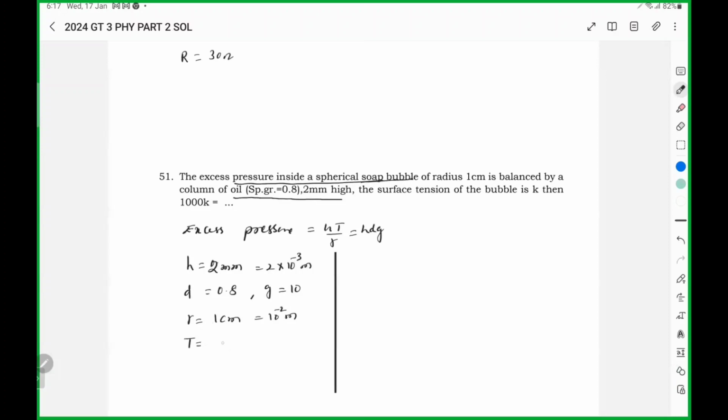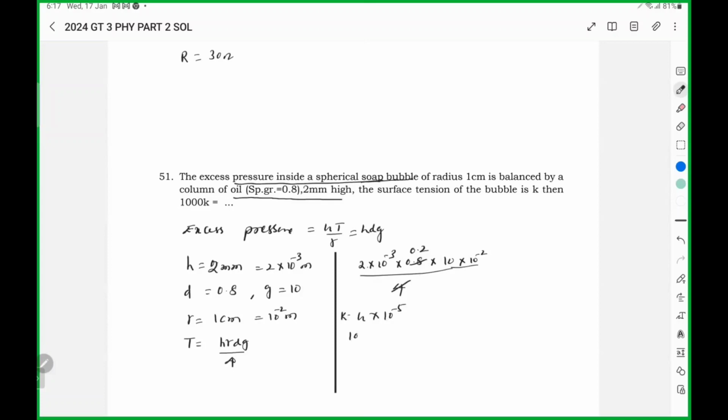So here T is the charge, T equals h d g r by 4. That is 2 into 10 power minus 3, 0.8 into 10, into 10 power minus 2, by 4. So it is 0.2, 0.4 into 10 power minus 5.